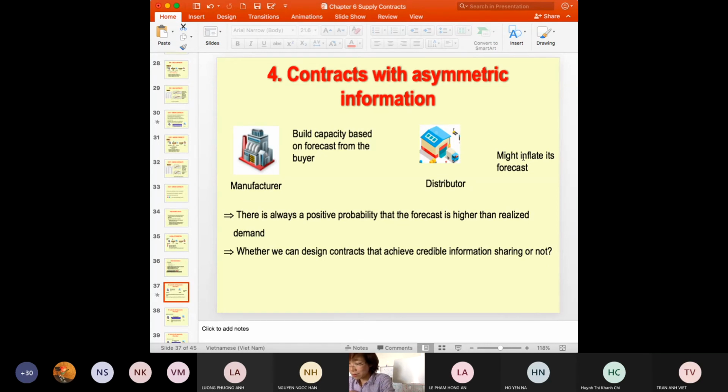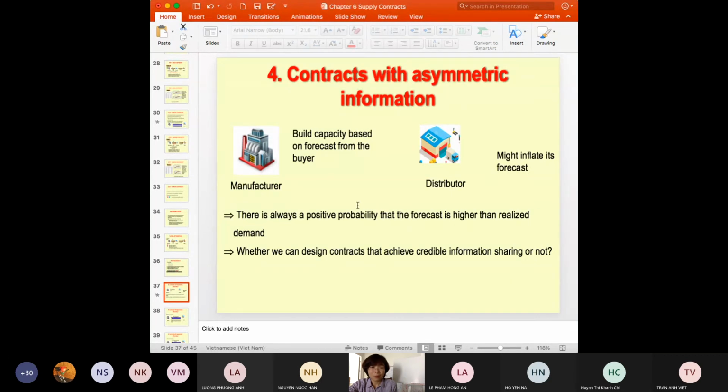So there is always a positive probability that the forecast is higher than the real demand. Is that right? The manufacturer builds the capacity based on the distribution center, but the distribution center might inflate their forecast.